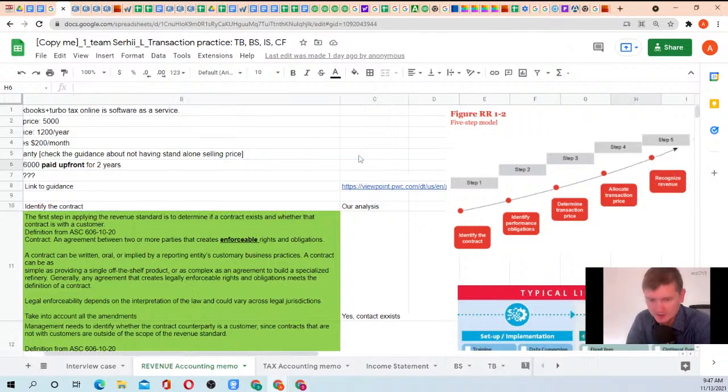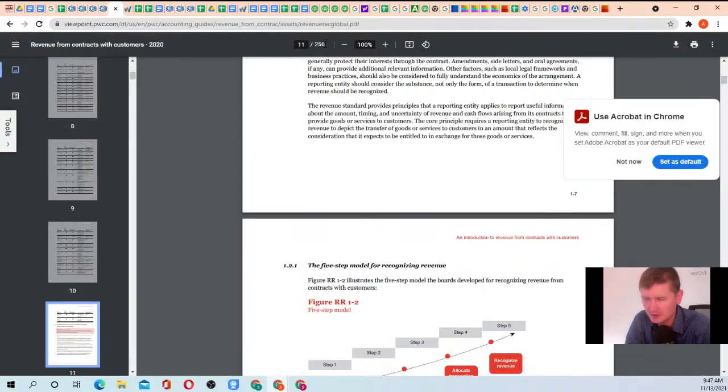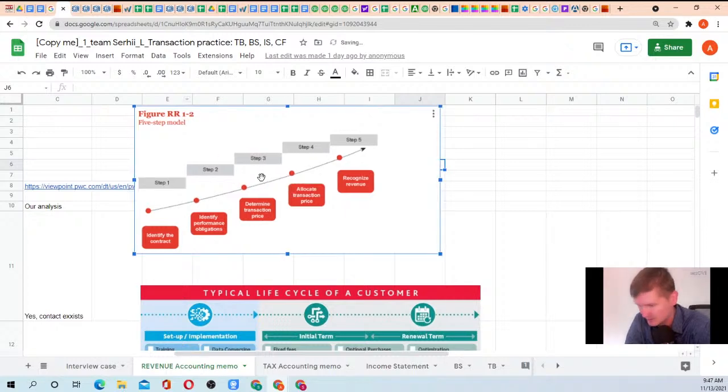So, revenue guidance. Depending on the company which you choose, PwC has almost 250 pages. KPMG has a much bigger guide, like 1,000 pages, because it has a bunch of examples. And the main essence of the revenue guide is the 5 steps of revenue recognition.